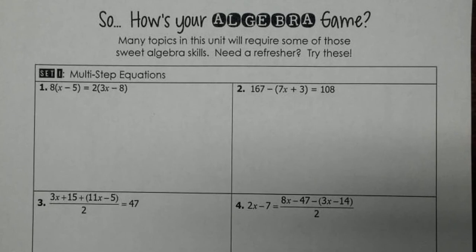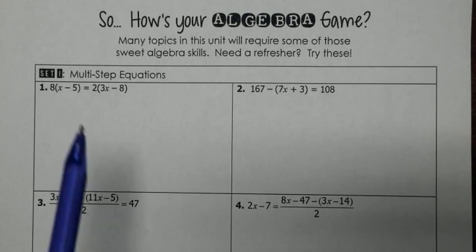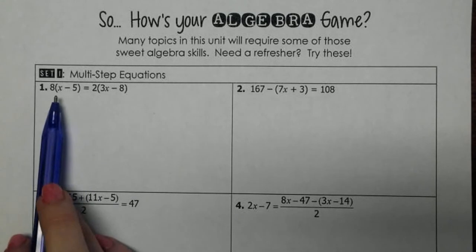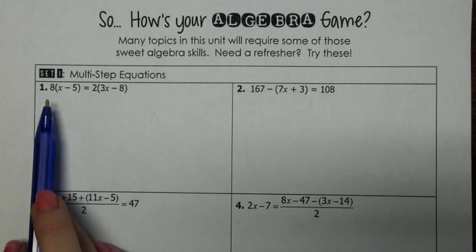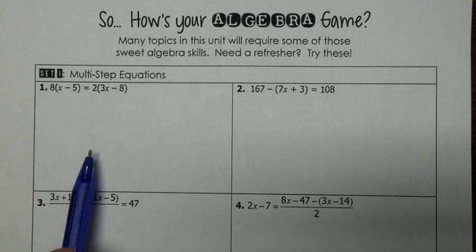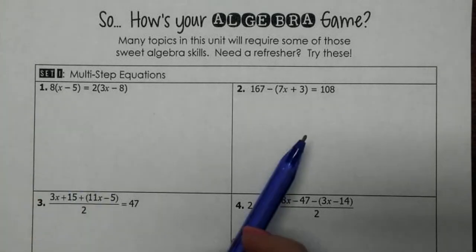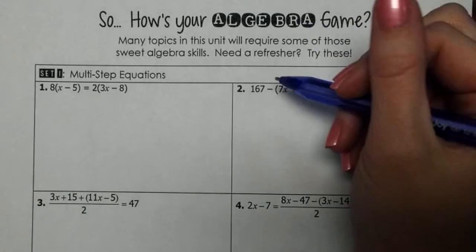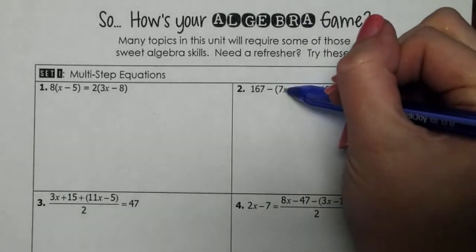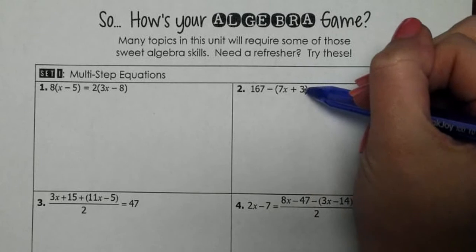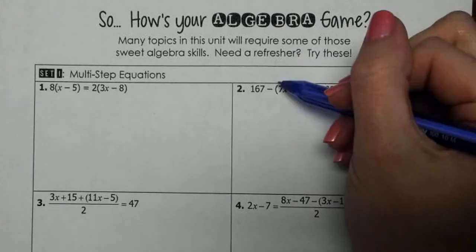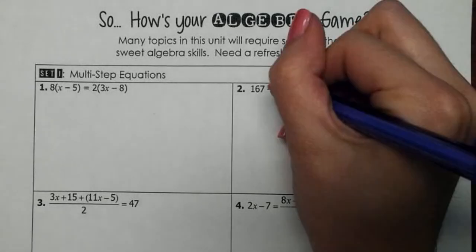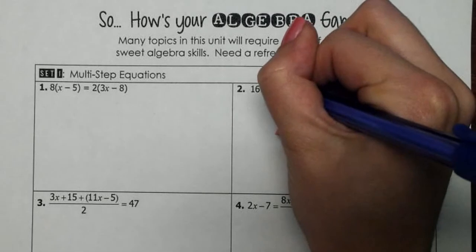So with multi-step equations, I'm going to skip number 1 just because you should know how to not FOIL but distribute into these equations and then solve them for x. But on number 2, if you look, you have a negative in front of this parentheses. So what you're going to do with that negative is you're going to take and distribute that sign into the parentheses.